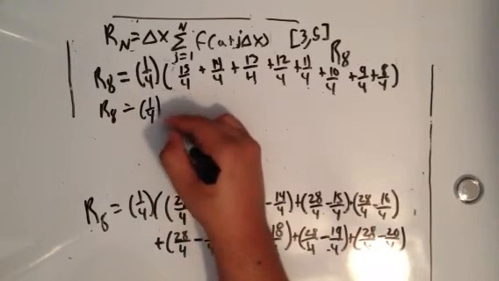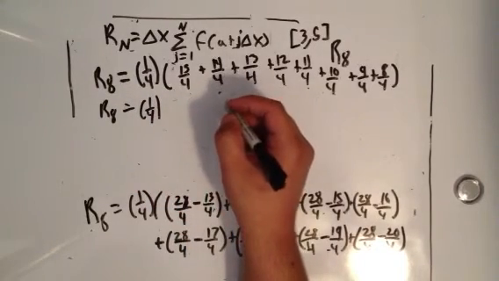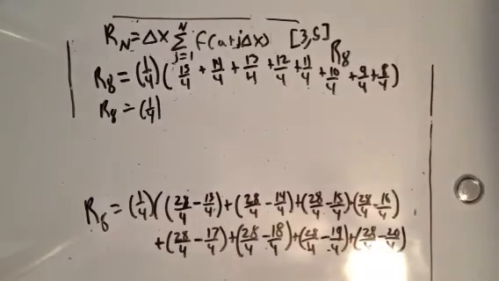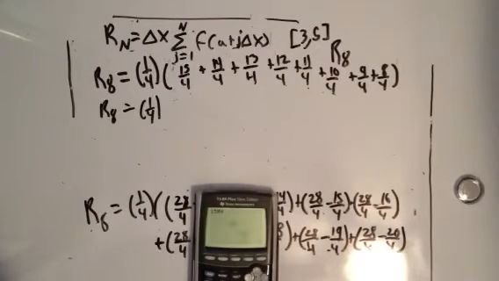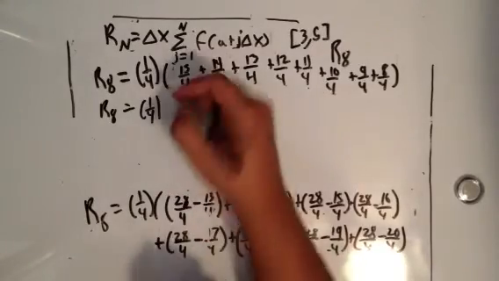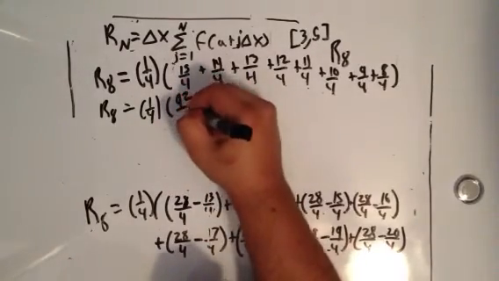So we're almost done with this. Let's just add this on our calculator, just to make sure we don't have any error. 15 plus 14 plus 13 plus 12 plus 11 plus 10 plus 9 plus 8. This is going to equal 92 over 4.